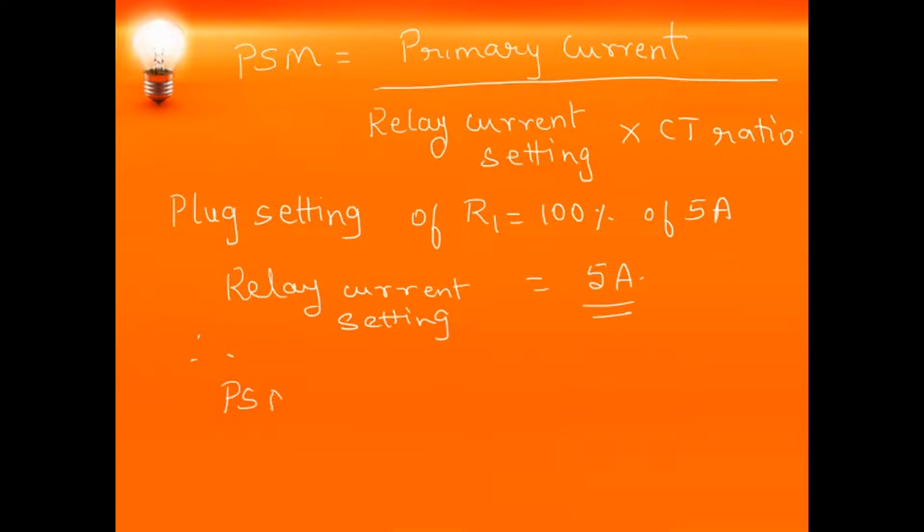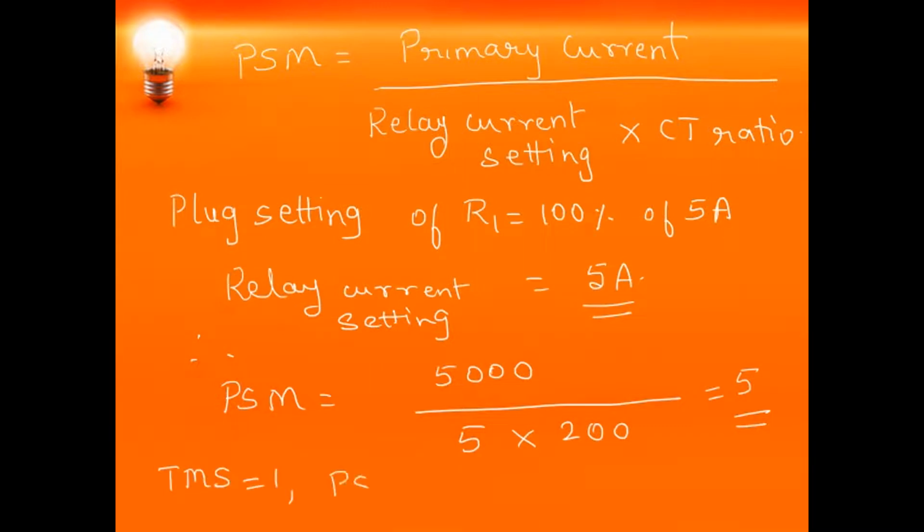Therefore, PSM is equal to primary current, which is 5000, divided by 5 into CT ratio, which is 200. So what we get is 5. PSM is 5. If we look at the table given for TMS equal to 1, for a value of PSM equal to 5, the operating time is 4 seconds.